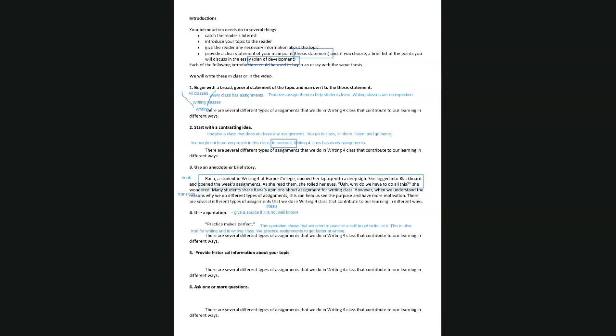Teachers would give assignments on chalkboards or pen and paper. Now, we mostly use computers for assignments. And then you can see there are several different types of assignments that we do. Okay, so does history really work for this topic? Maybe not as well, but you can get the general idea about it.